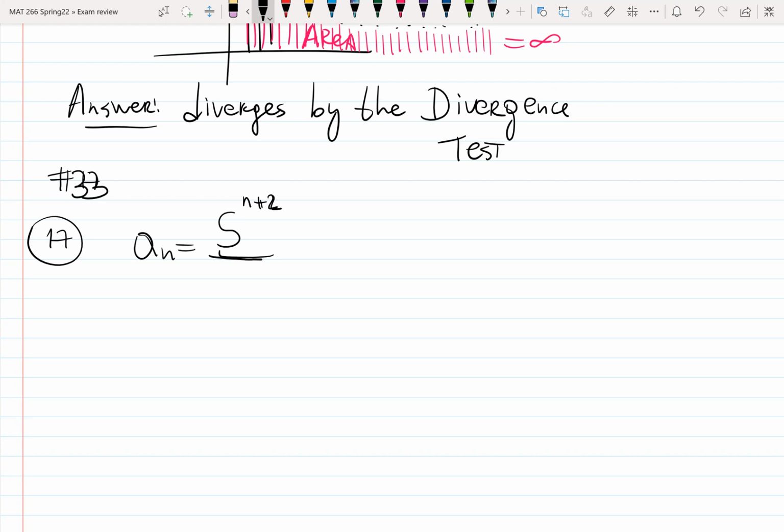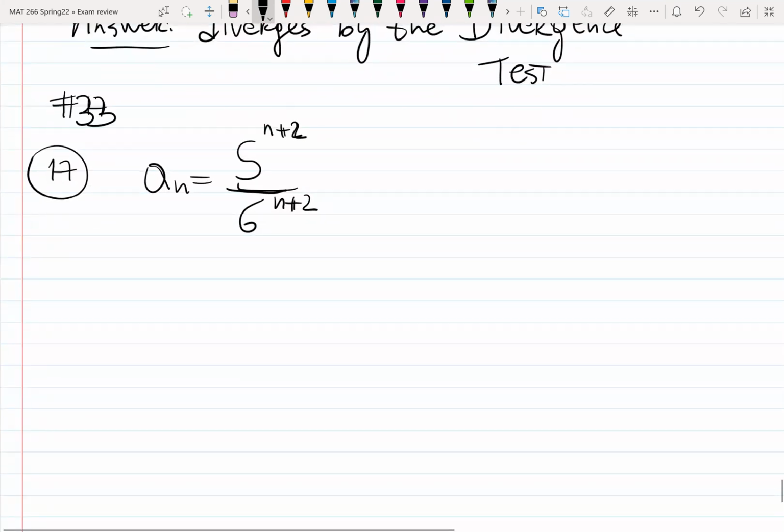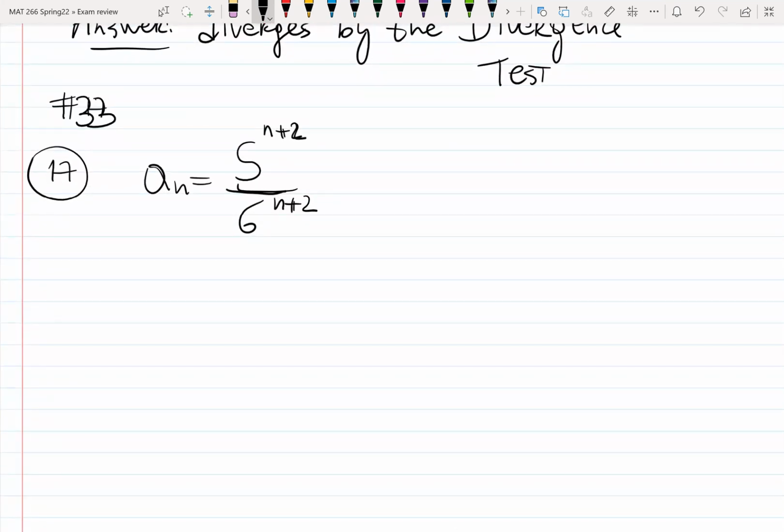People ask about this in the forum and I answered. I have YouTube videos on many of these things. You can actually rewrite it like so, 5 times 6 to the n plus 2, using properties of powers or exponents.